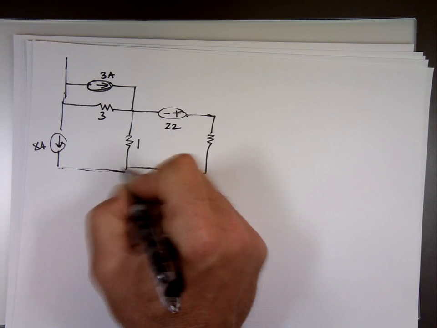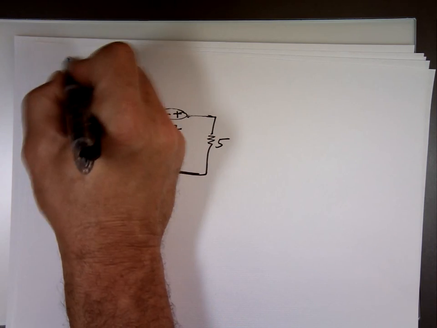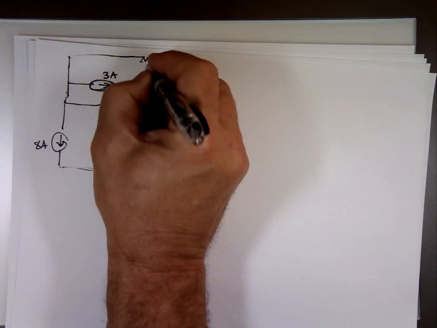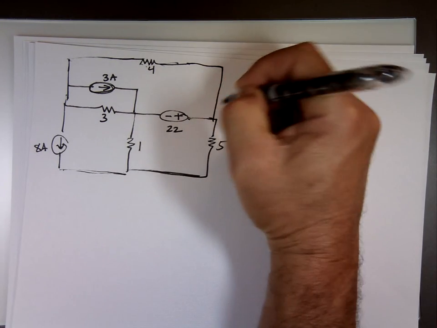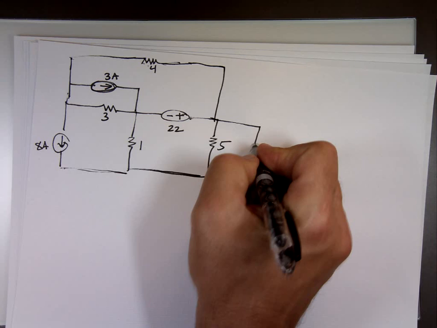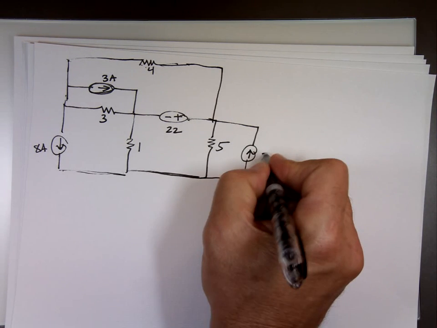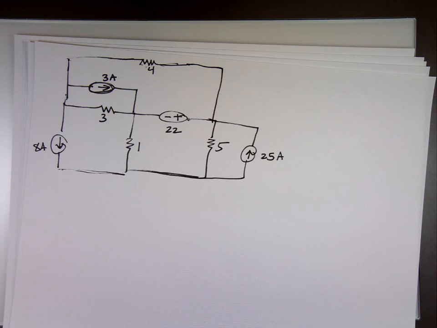This is 5. This is 4. That's the circuit we had, 25. This is my ground.